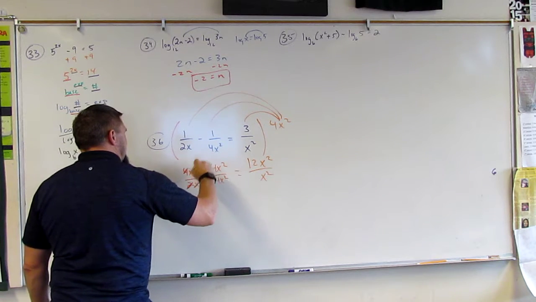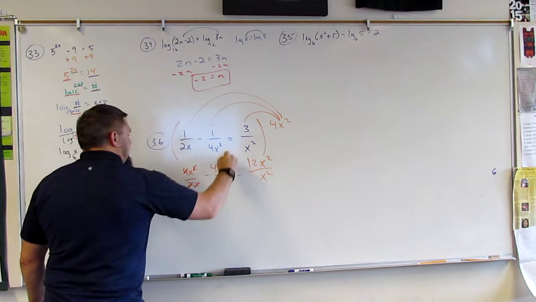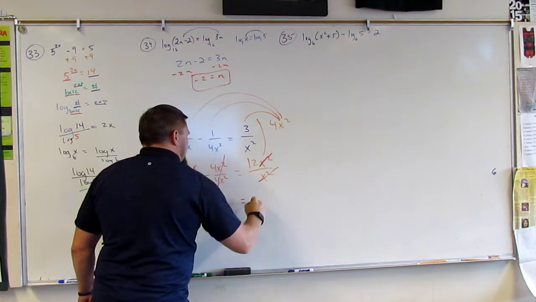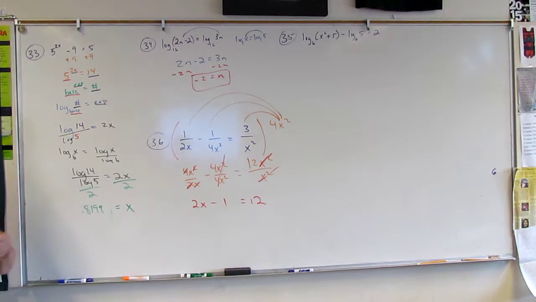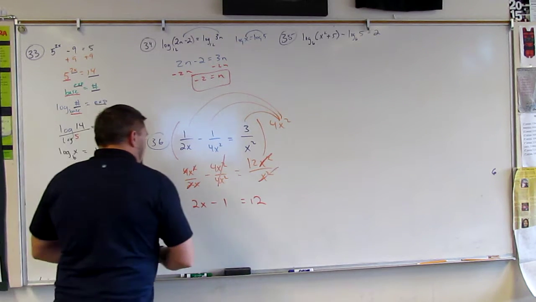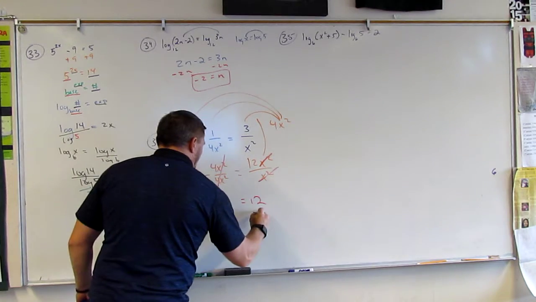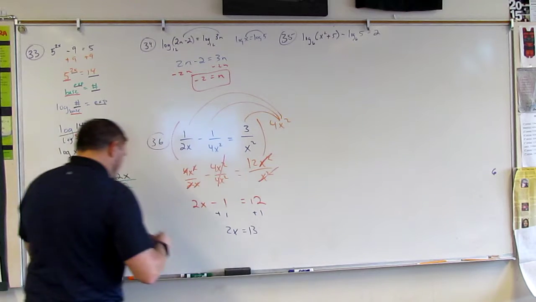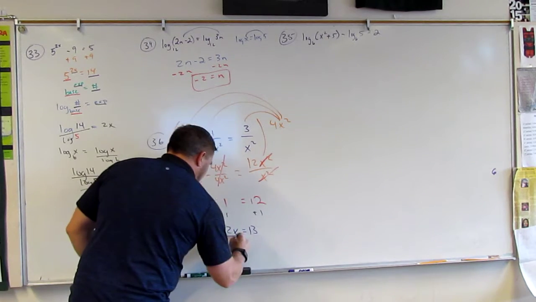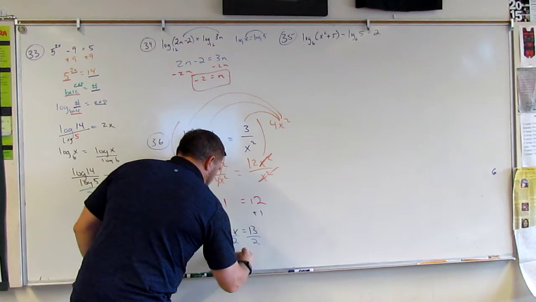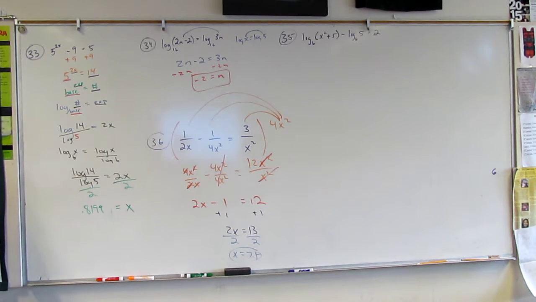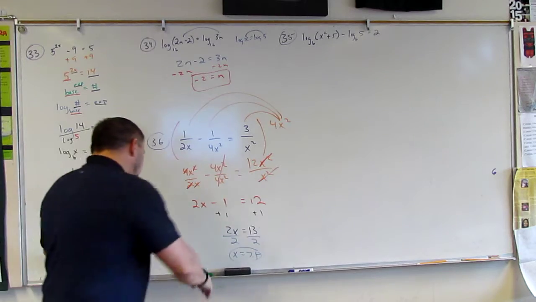The x cancels this and gives me an x. These cancel to give me a 1. The x squares cancel and give me a 12. Algebra. Plus 1. 2x equals 13. Divide by 2. X equals 7.5. Cake.